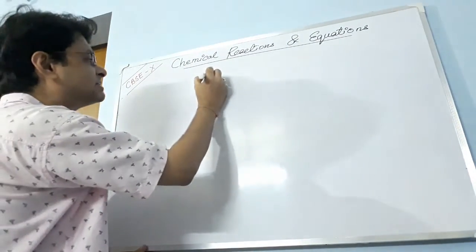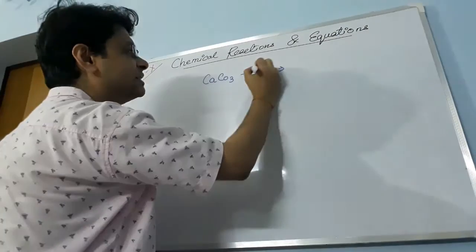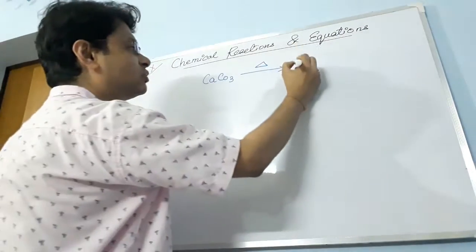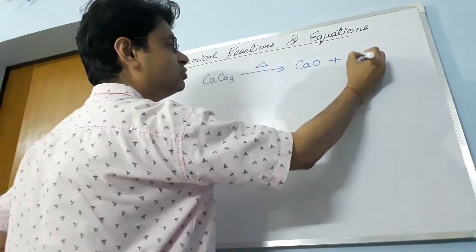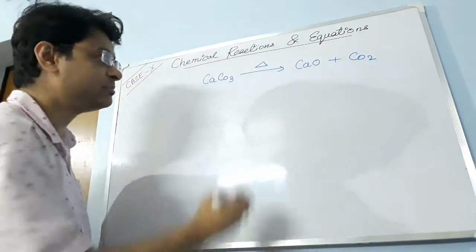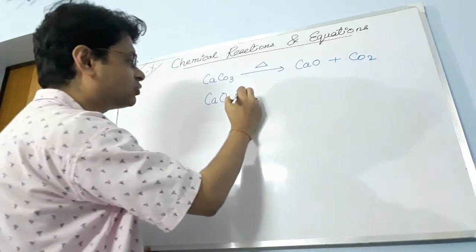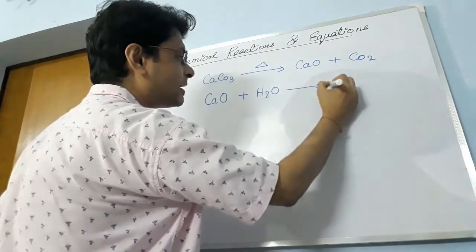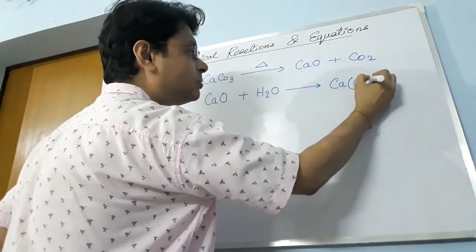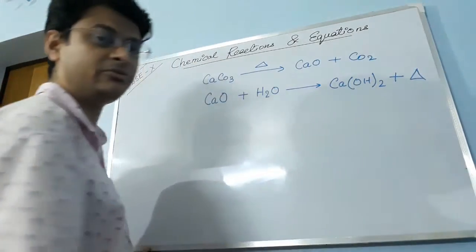We can have an example. Suppose CaCO3 requires heat to break into its constituent parts, that is CaO plus CO2. But if we react calcium oxide, meaning quicklime, with water, you will find that calcium hydroxide is formed, and at the same time an enormous amount of heat is evolved.